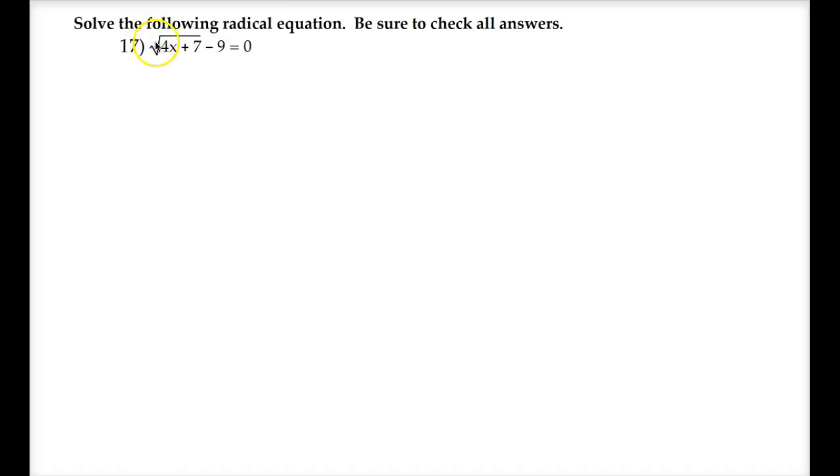If you remember, when we talk about the domain of a function, because remember, we're thinking about this whole equation here as asking us a graphical question about a function. And so our function here is square root of 4x plus 7, all that minus 9, okay? And so what we're really asking here is, does this function have an x-intercept?